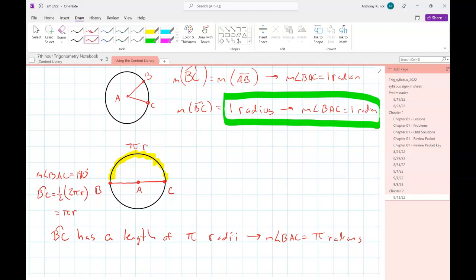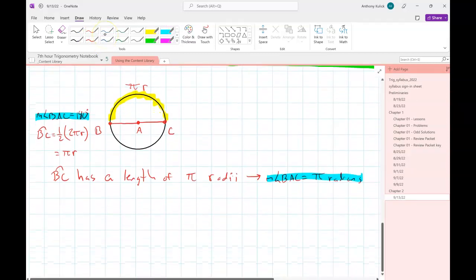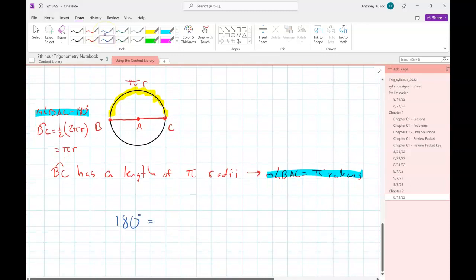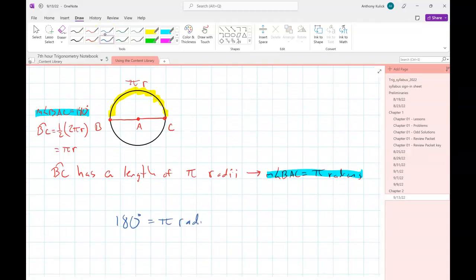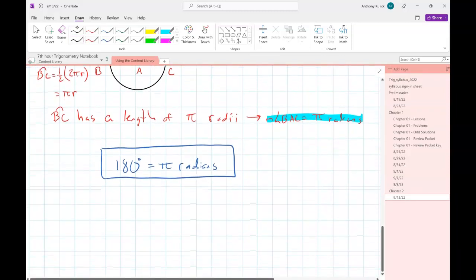It's just like a 1-to-1 relationship. Everybody's okay with that? So we know that angle BAC is 180 degrees and it's pi radians. So what does that tell me then? That 180 degrees is equal to pi radians. That's my conversion factor to go from degrees to radians or radians back to degrees. Everybody okay with that? Let's practice doing a conversion then.